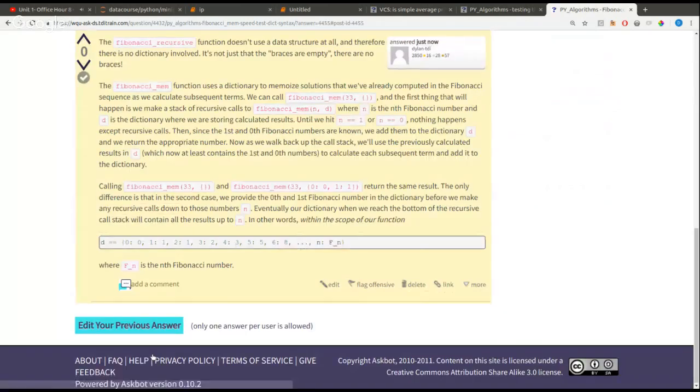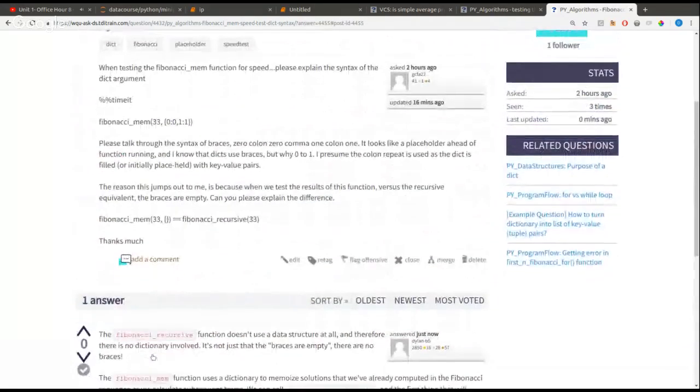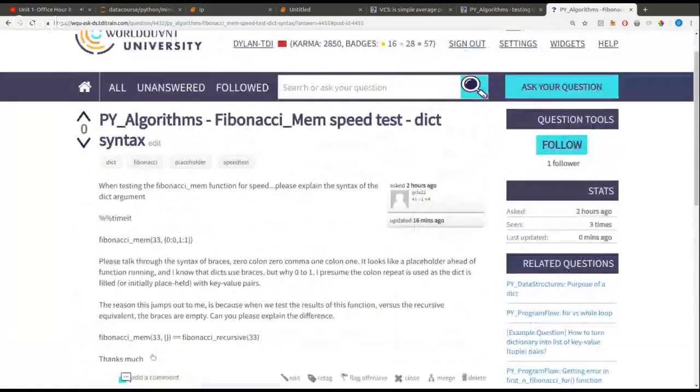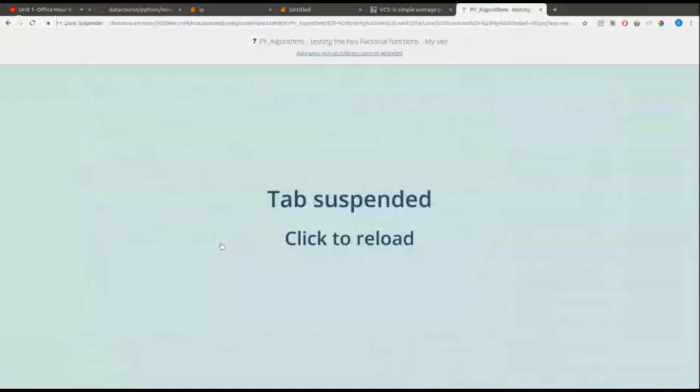So yeah, this memoization thing is pretty complex, and takes quite a bit of thought to work through. Hopefully this answer helps clarify things.